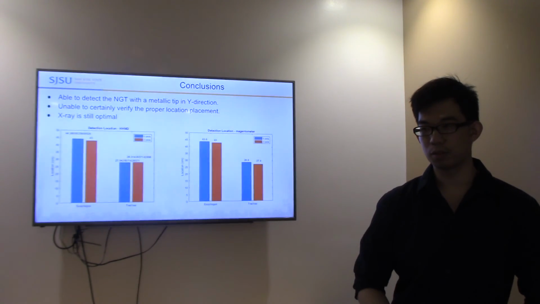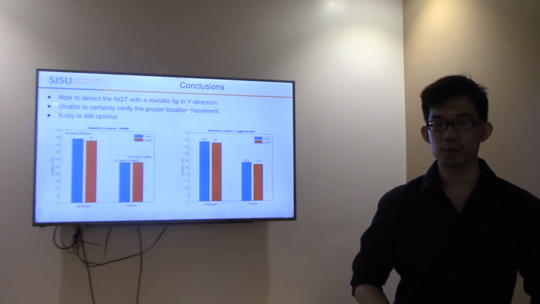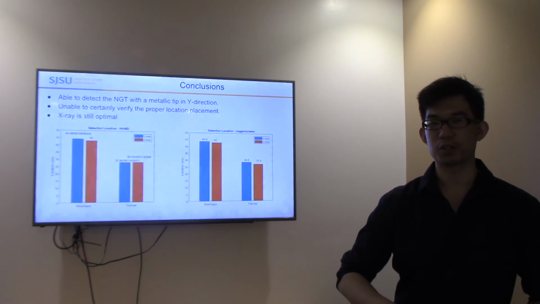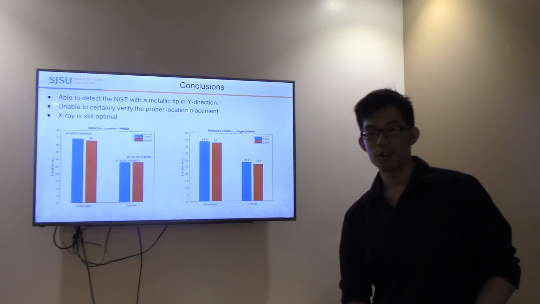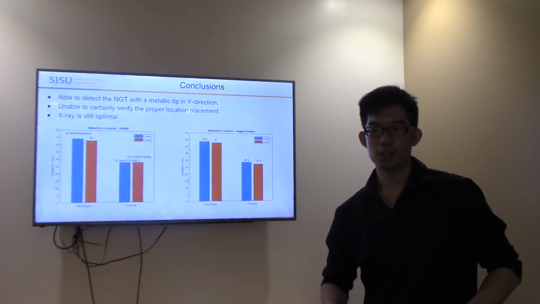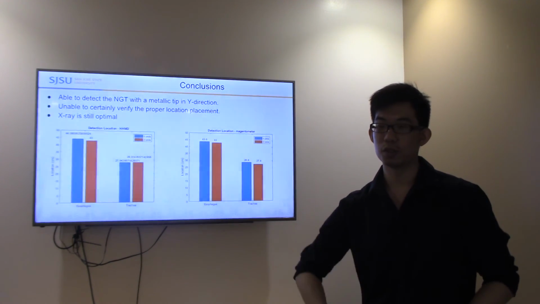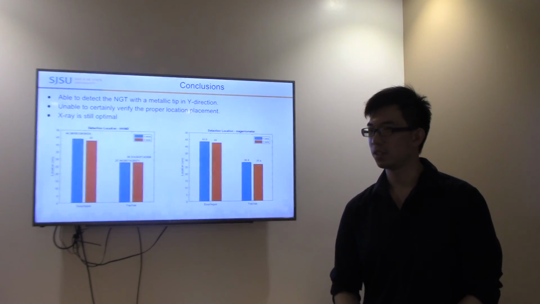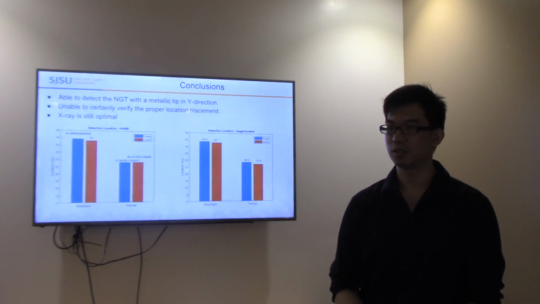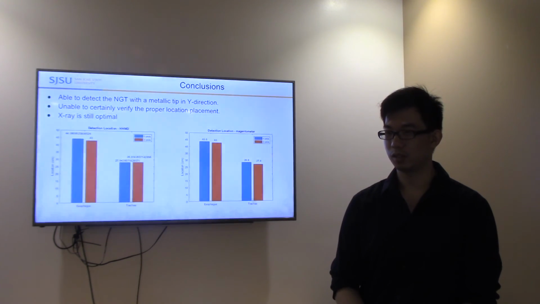So I thought we could use a metal detector with a metal tip on the tube, so if it's in the proper place, we can detect it. The problem is that there's no standard or values to compare it to, in terms of the deviation from where it's going.